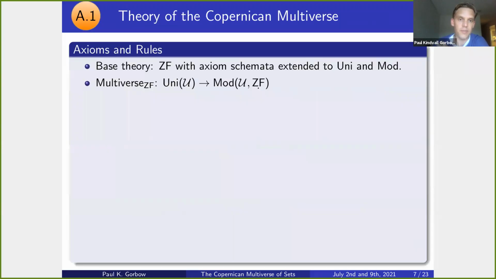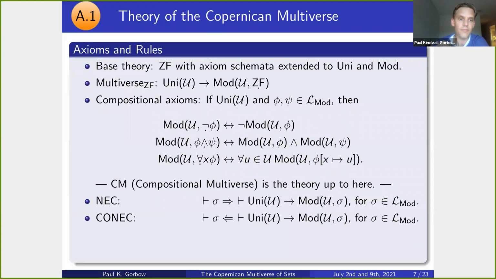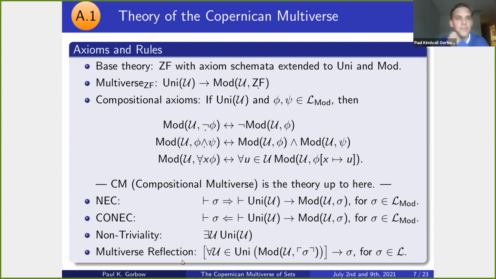When we axiomatize our theory, we have this axiom multiverse sub ZF. So the way that we have approached this is to have the sentence version here, but if you have a schema instead, then actually, the background universe is not going to think that all of the universes are models of ZF.